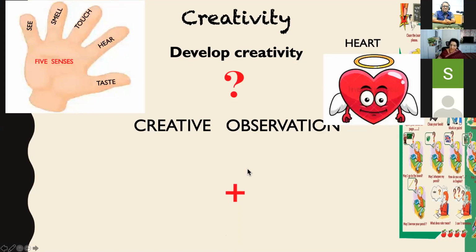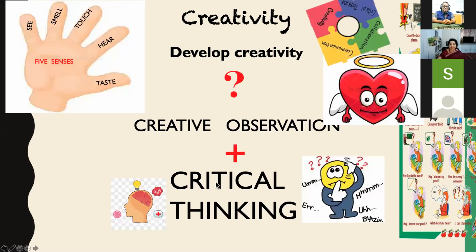Add to this critical thinking. How? I'm going to talk about that. When you put all these things together, there is no way creativity will not happen. So this will make creativity happen.